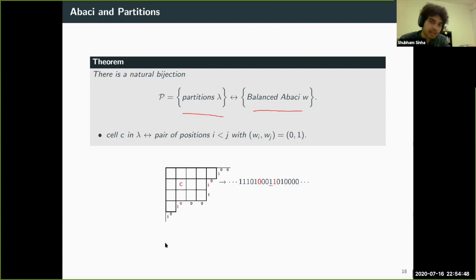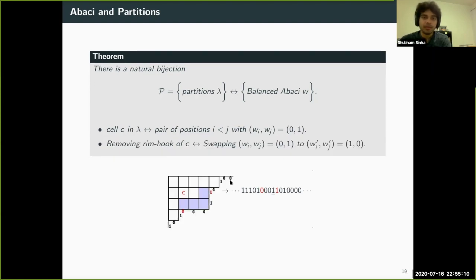So as you see, when you're walking all the way from the south, it's all ones infinitely many times, and then you hit the partition and you get 0, 1, 0, 0, 0, and so on, and you end up going east, which is all zeros. So what more?